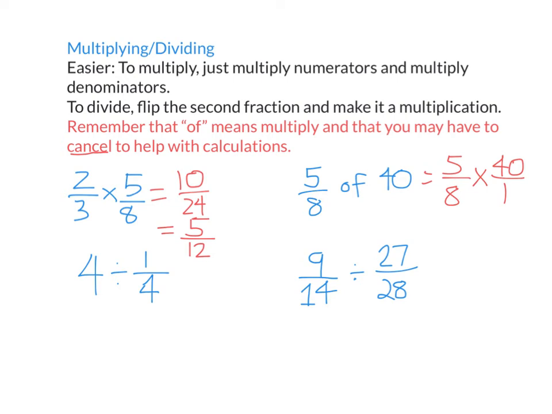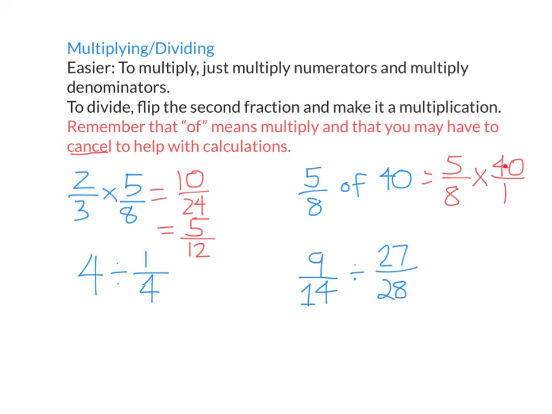Now, when you have big numbers to multiply, sometimes you need to cancel to help with the calculation. So instead of doing 5 times 40, then dividing by 8, which is a bit hard, I can cancel. I can cancel anything on the top with anything on the bottom as long as they have common factors. So 8 and 40 have a common factor.